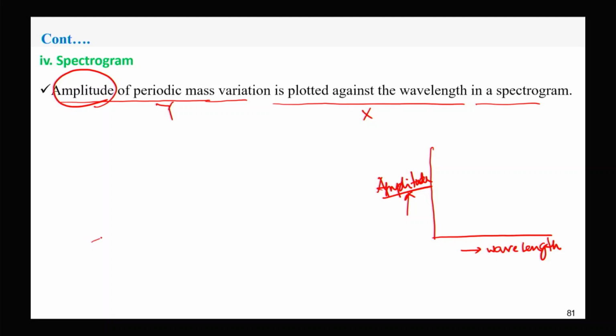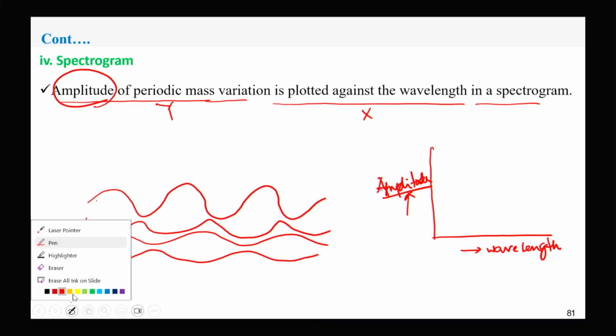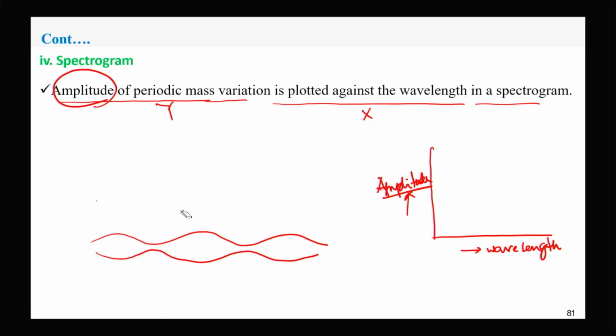Like if you see two yarns, this is one yarn and another yarn with a variability like this. Let me draw it once again.